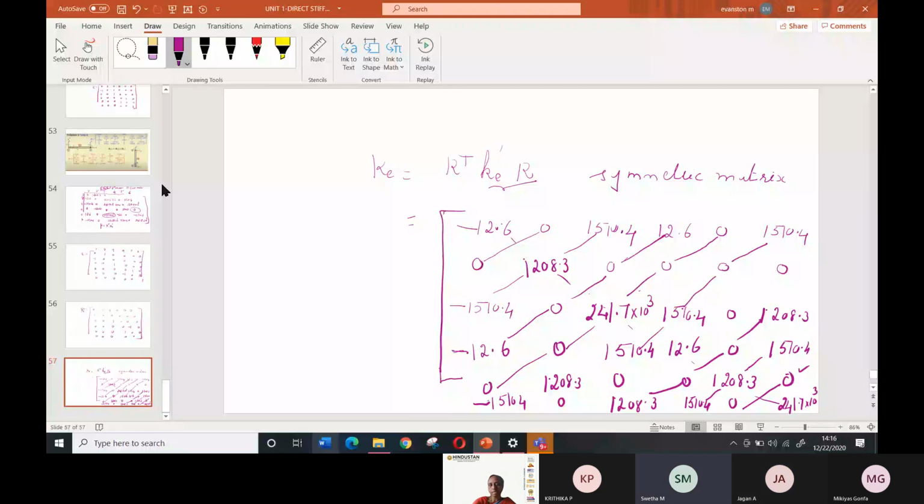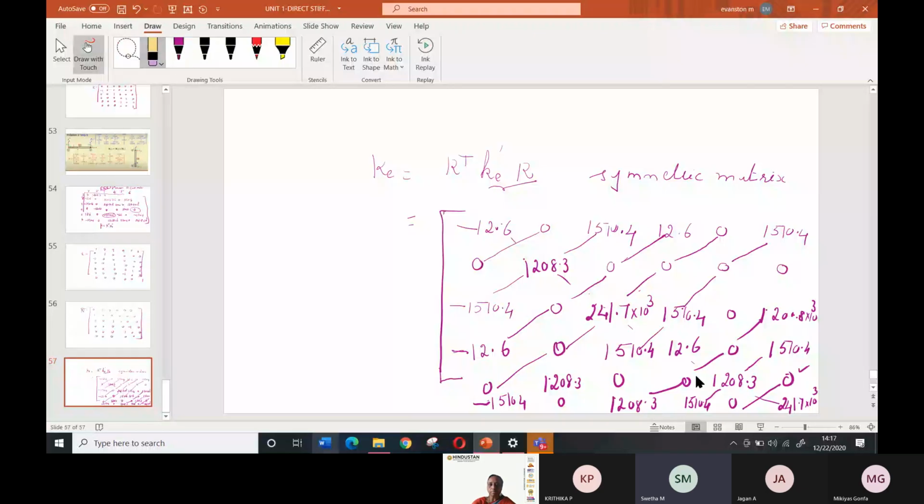Sweda, what you are getting for the third row, sixth column? 120.83 into 10 power 3, ma'am. Okay, right. And 20.8 into 10 power 3. Then this also should be 120 because it's symmetrical.